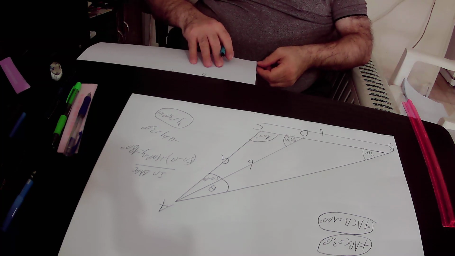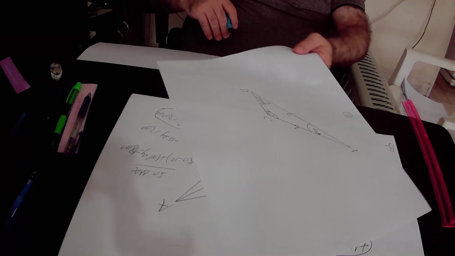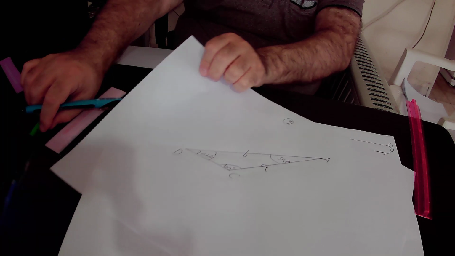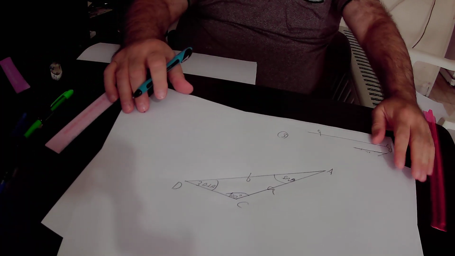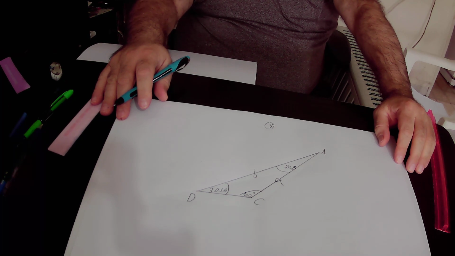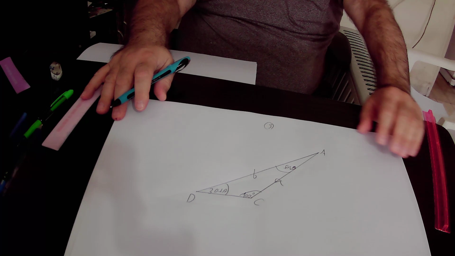So actually, this is triangle ADC that I copied from the original drawing, and we will implement the law of cosines, the law of sines in this triangle ADC.